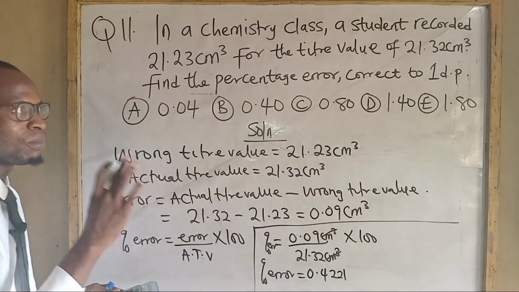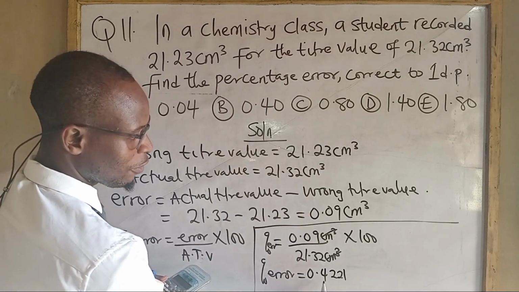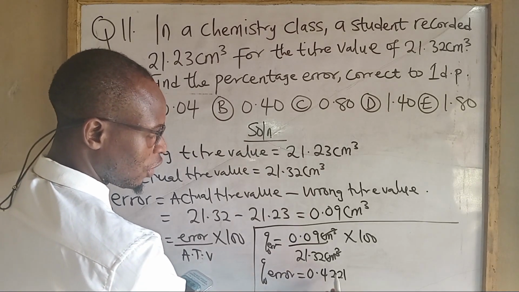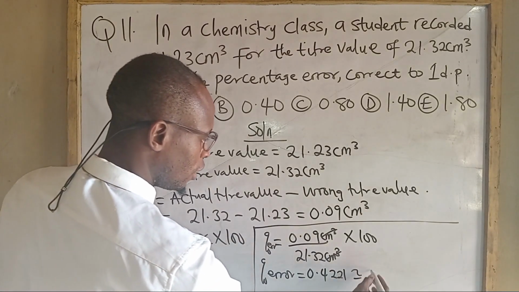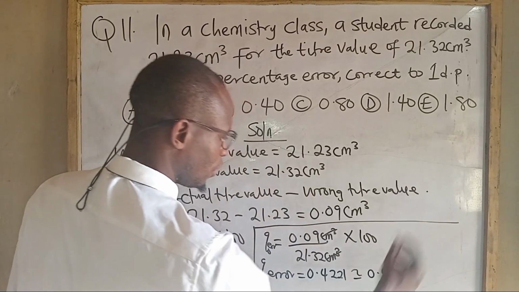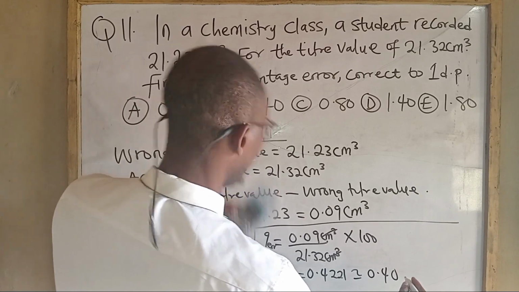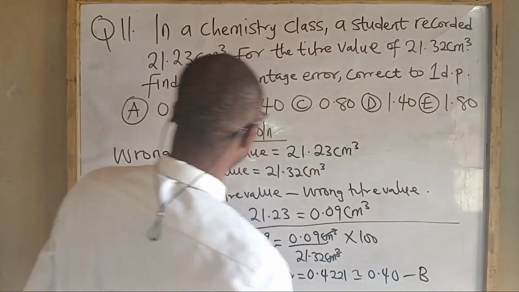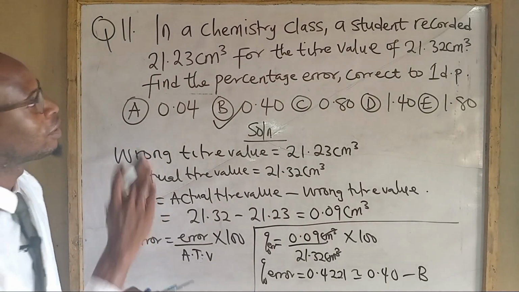So I've explained this several times under approximation. Correct to 1 decimal place means you are starting from here. So the value here, it is under what? Round down. So you cannot round up this to this. So the answer would be 0.4 like that. So our answer is going to be option B. So option B is the correct answer to that. So that's the percentage error from that question.